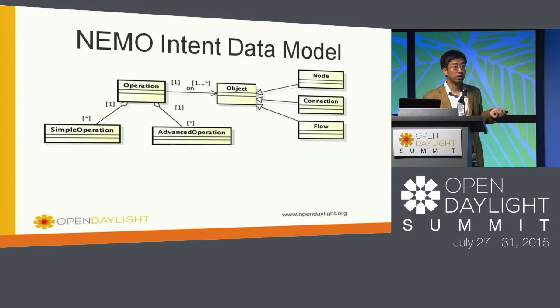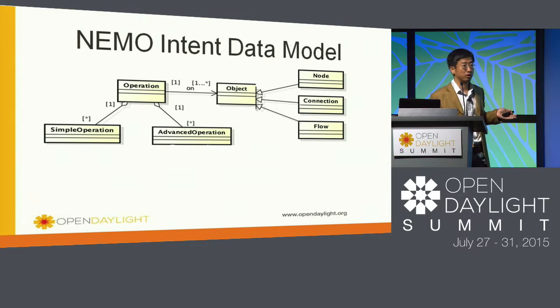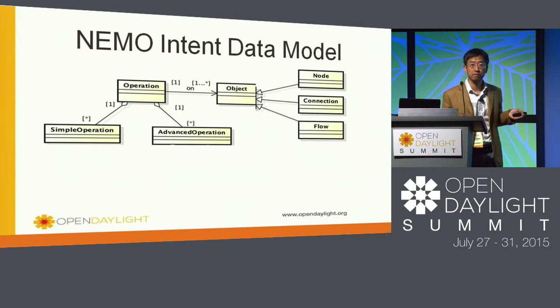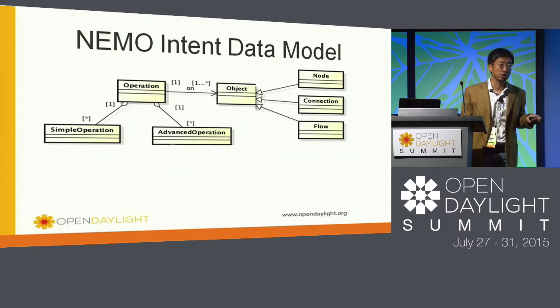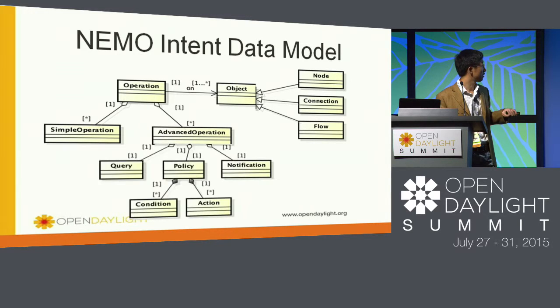For the operation, we can give two groups of operations. One is simple operation. Simple operation is a simple provisioning operation: create, delete, update. Advanced operation is for operations with conditions and constraints, for example, the query, policy, and notification.